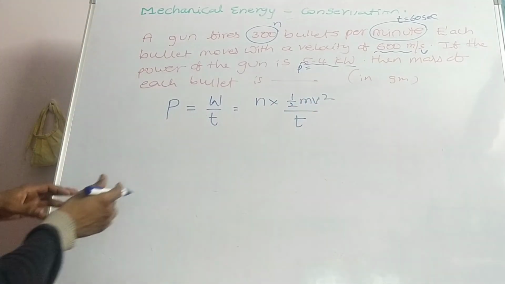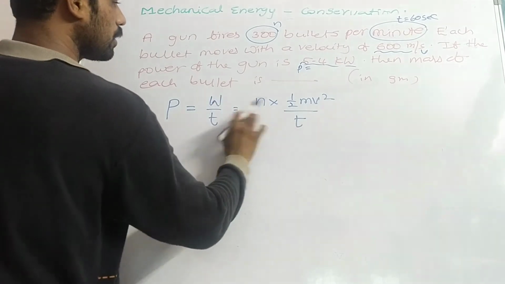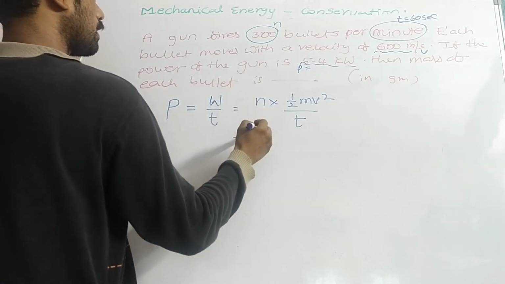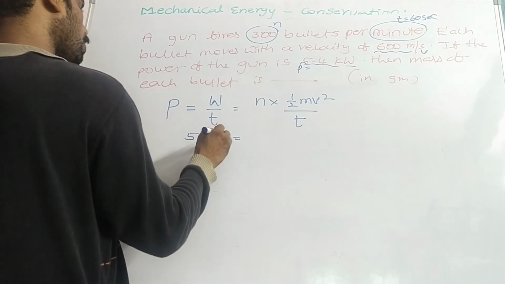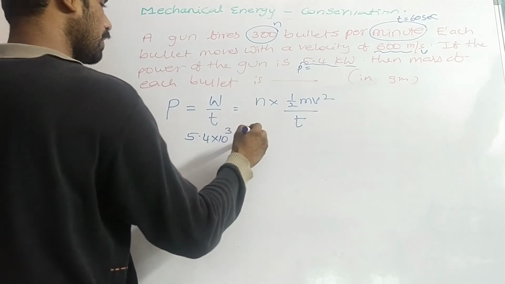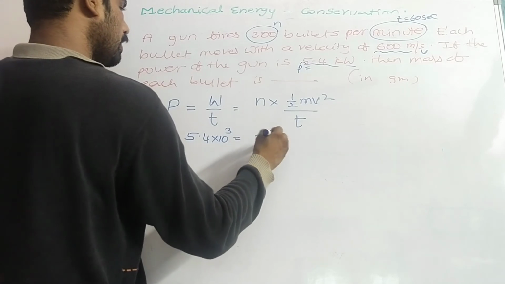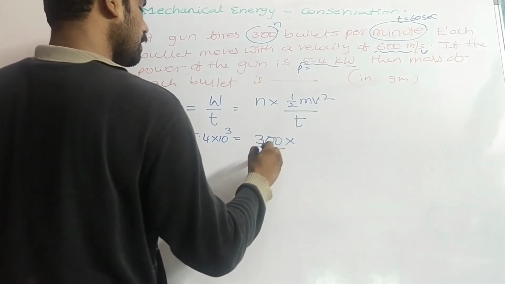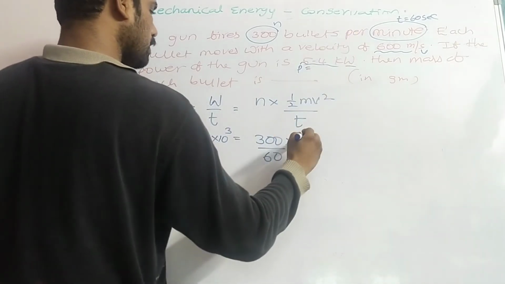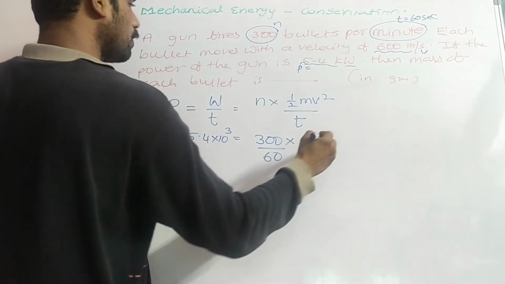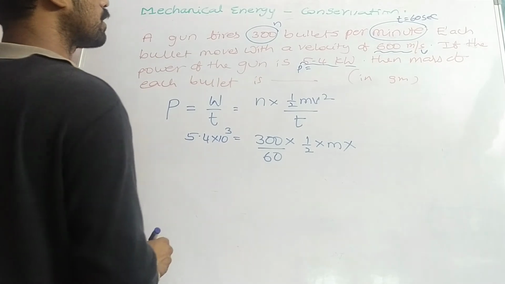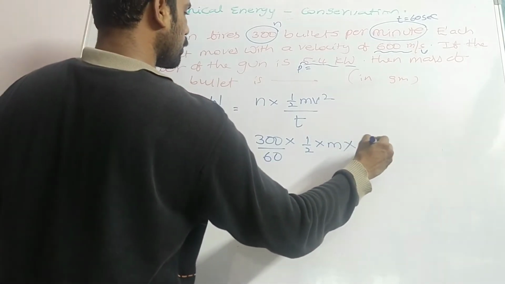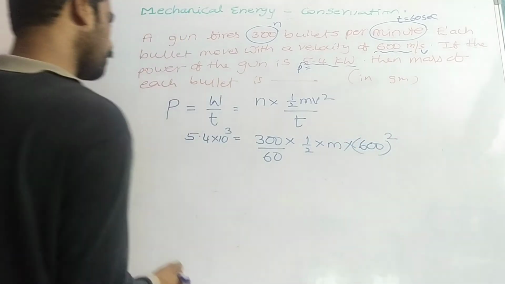So that is the power given 5.4 into kilowatt, that is 10 cube watt, is equal to 300 bullets in 60 seconds, half into, we have to find mass of each bullet, speed v is given, that is 600 meter per second, so 600 square.